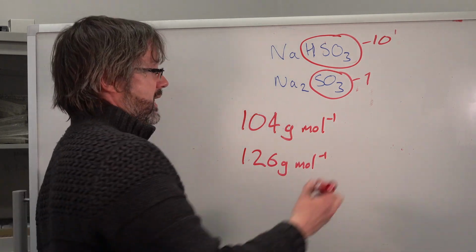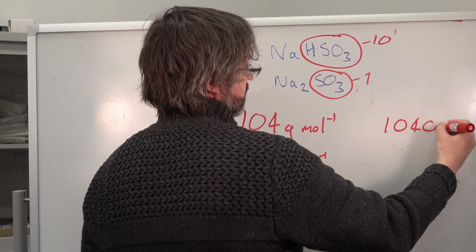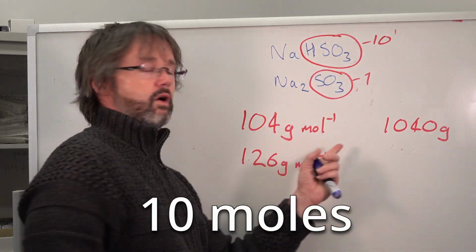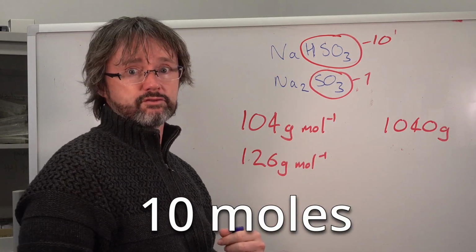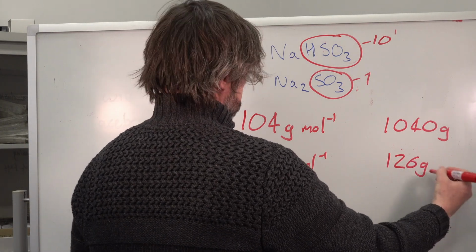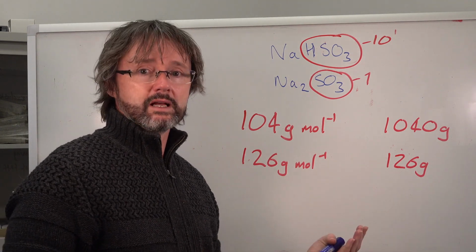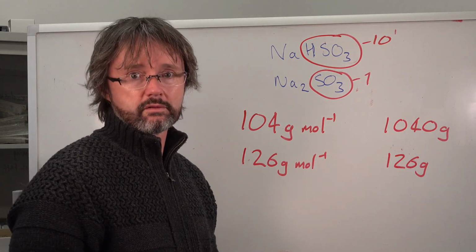So if I have 1040 grams of sodium hydrogen sulfite and 126 grams of sodium sulfite, then my mixture will be 10:1.